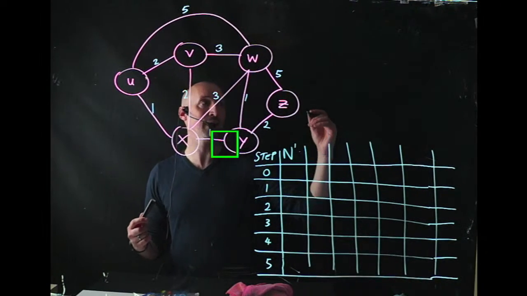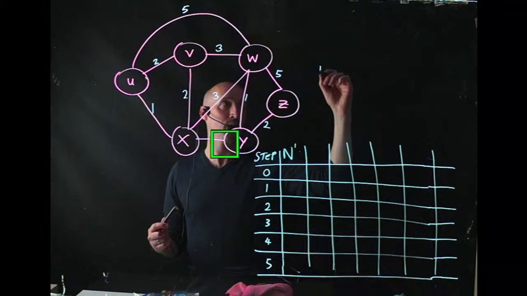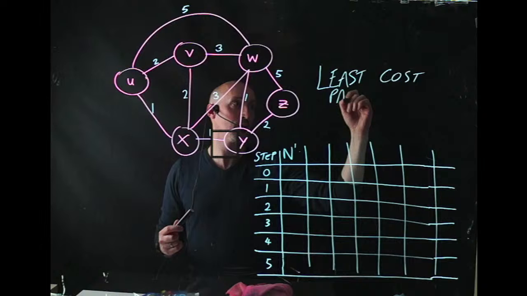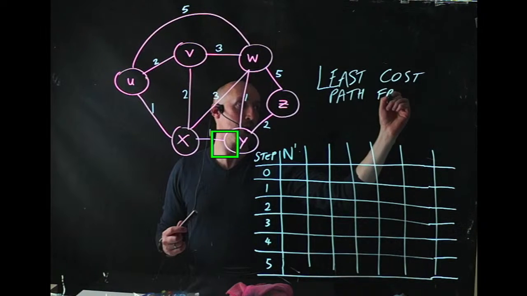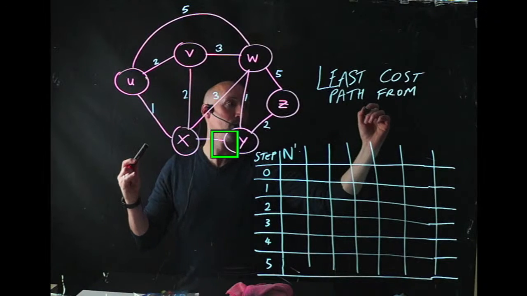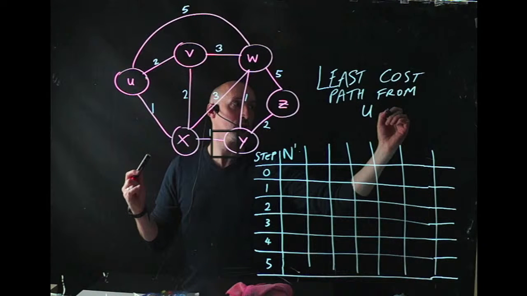So we're looking at the least cost path from U to all nodes.